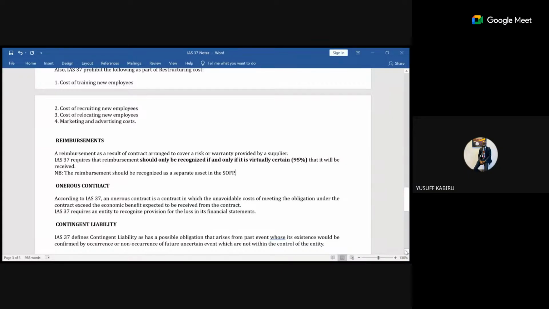You enter into a contract, and you now realize that this contract is a loss, so you are not making profit. Since you have entered the contract, you don't have any choice. You have to finish the contract.